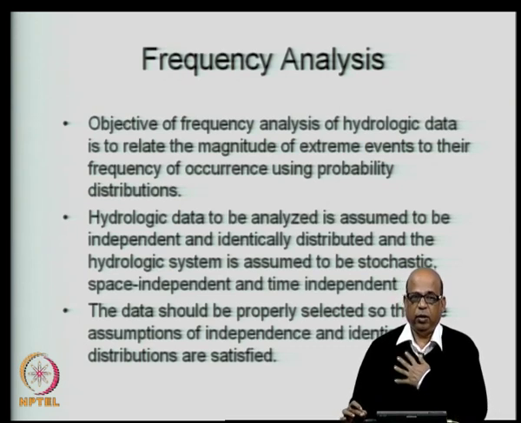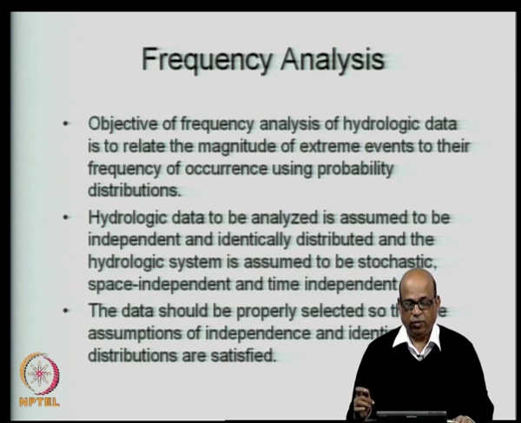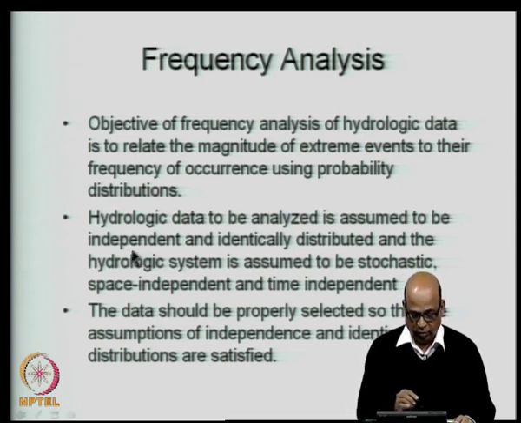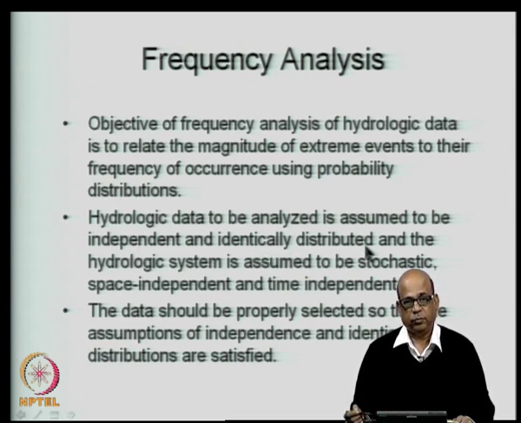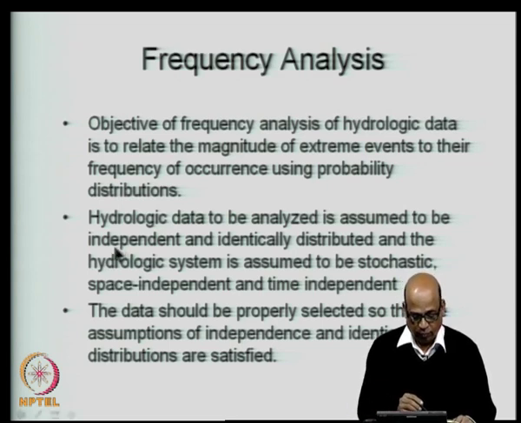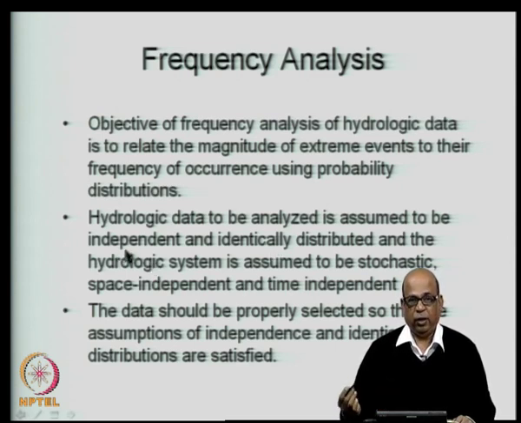Now, for the same rain gauge, we are essentially looking at these two assumptions, namely that the data are independent and identically distributed. So, the data that you want to analyze for frequency analysis must satisfy these two conditions for the procedures that we are going to introduce now. This is called IID. I also used this term earlier in the case of time series analysis. IID is independent and identically distributed.